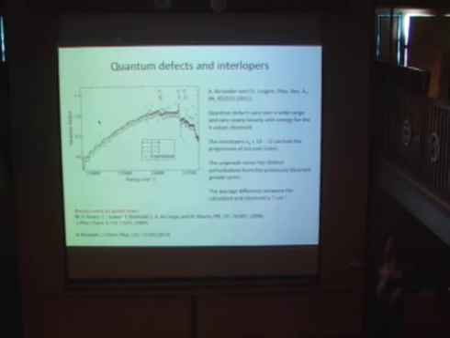But what's interesting is that in the gerade series, the interlopers are different, and the rate of change of the quantum defect is also slightly different, especially up here. We see this turnover, whereas I think in the gerade series, it continues to go up more smoothly. So there are some interesting differences between the two manifestations of these states in the molecule.